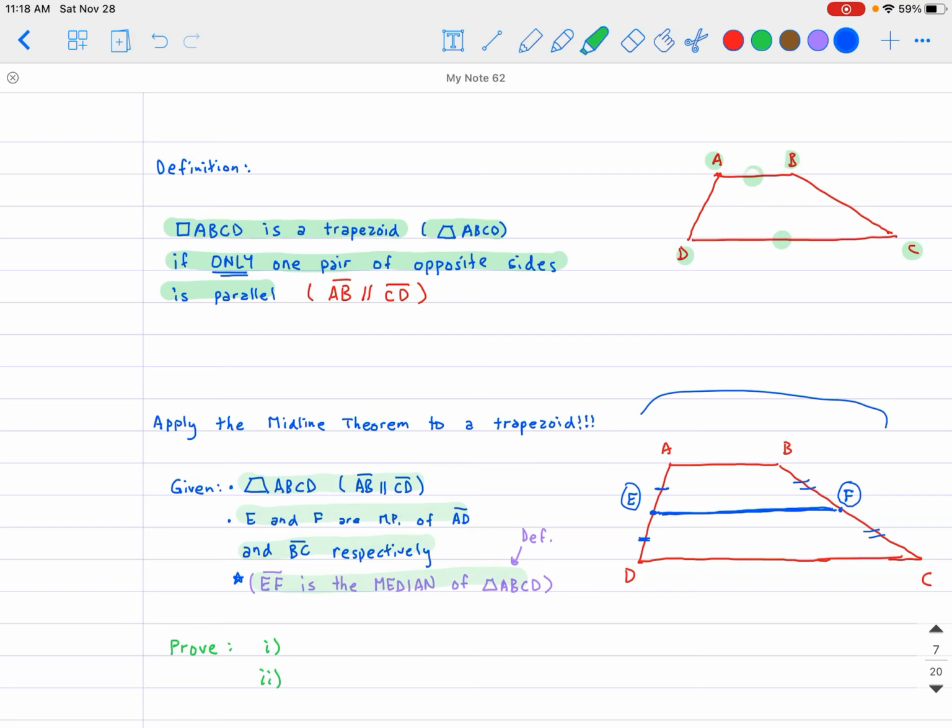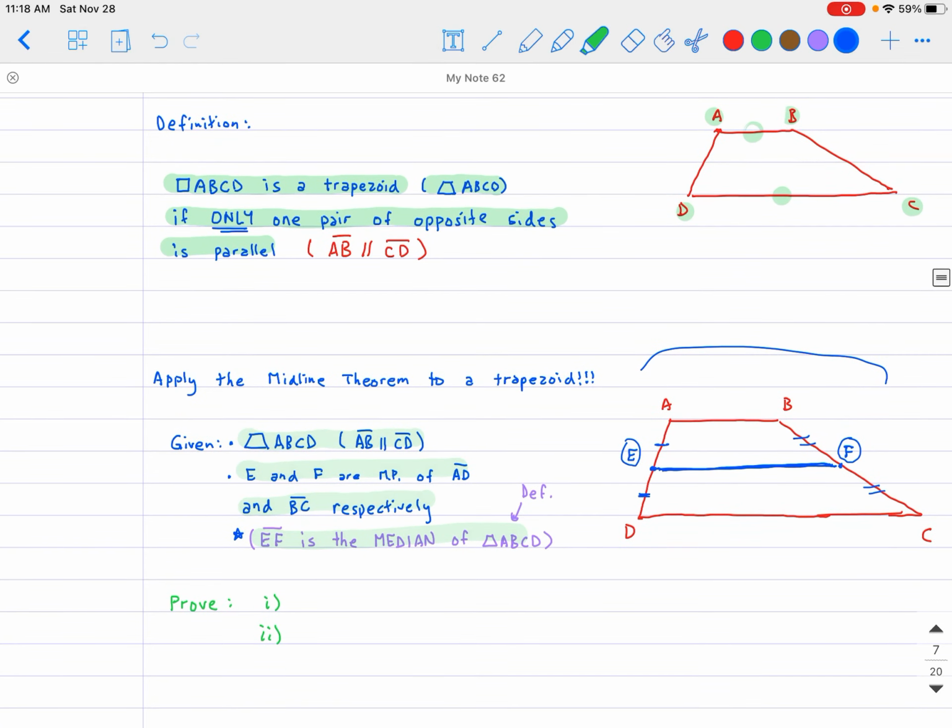What kind of conclusion do I want to create? Well, it looks like EF is going to be parallel to the two sides that are given. Maybe that is going to be one of my conclusions. I want to prove that EF is parallel to AB, and also that EF is parallel to DC.